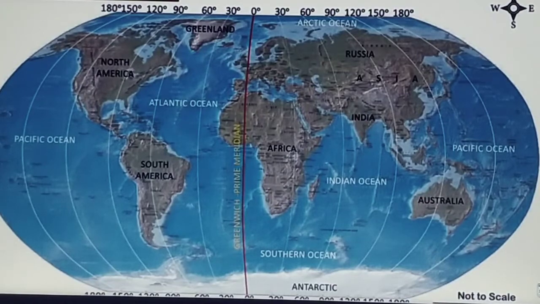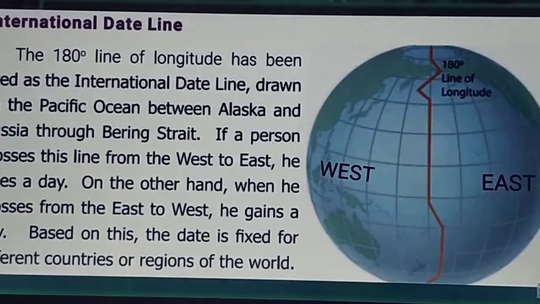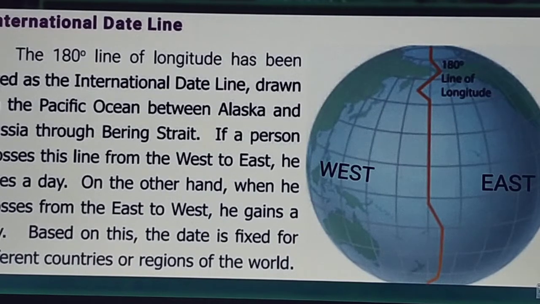International date line. The 180-degree line of longitude has been fixed as the international date line, drawn on the Pacific Ocean between Alaska and Russia through the Bering Strait.